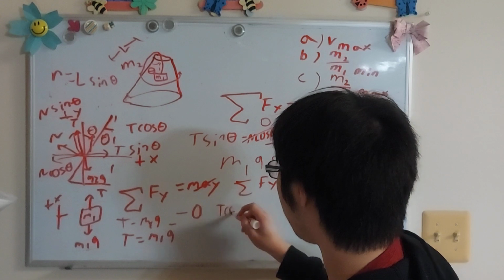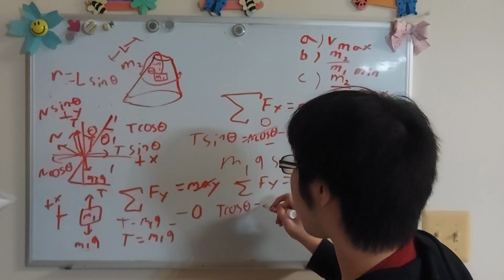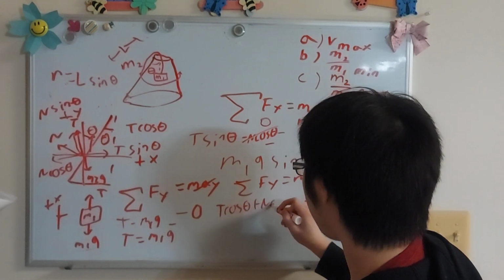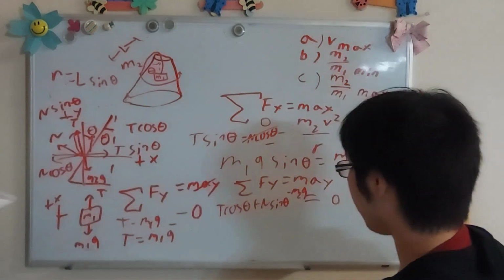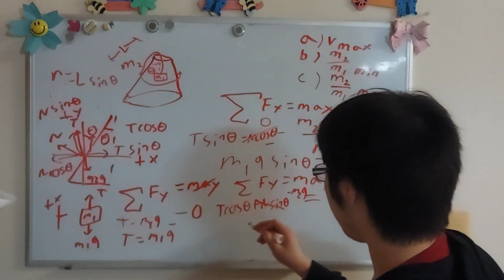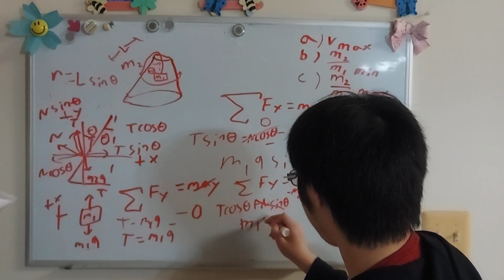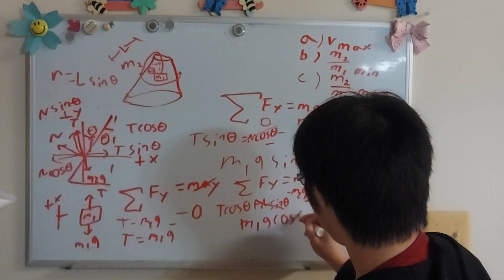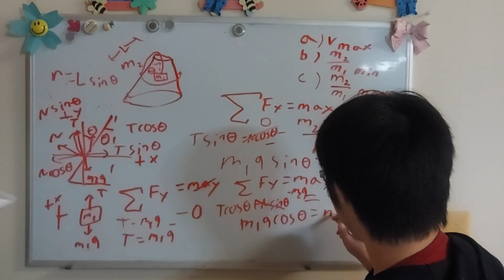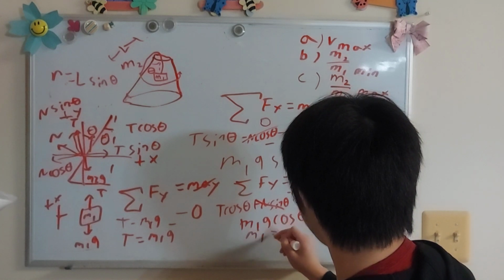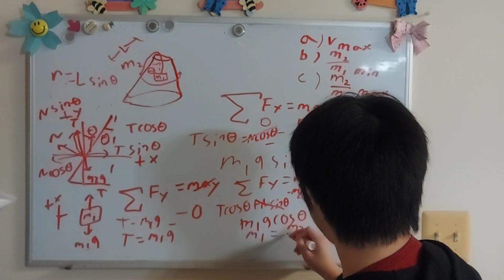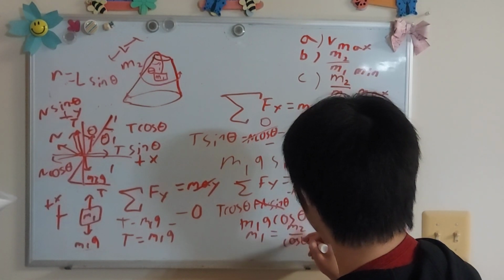So we're left with T cos theta plus N sine theta minus the gravitational force of the particle. N is none here. And we're left with this, which means that m1 is just equal to m2 over cos theta.